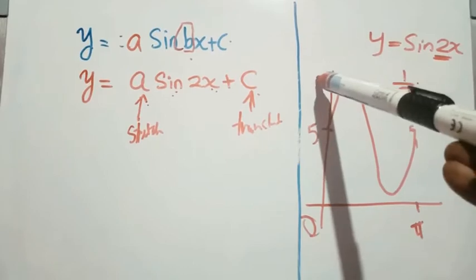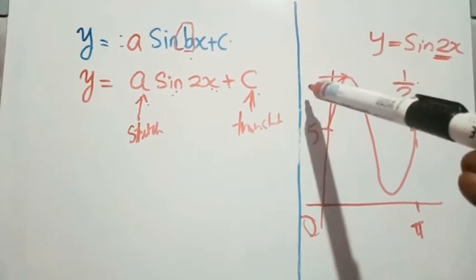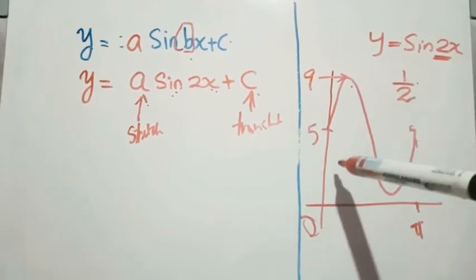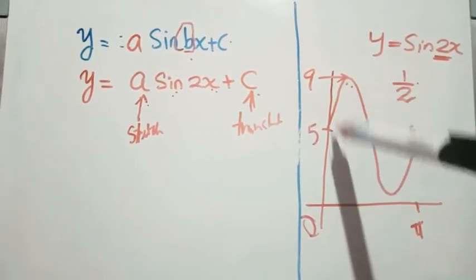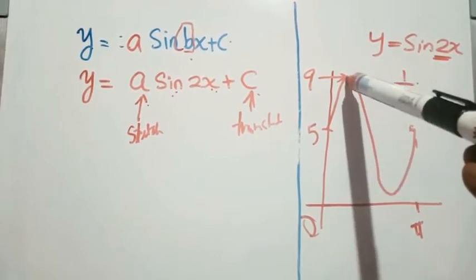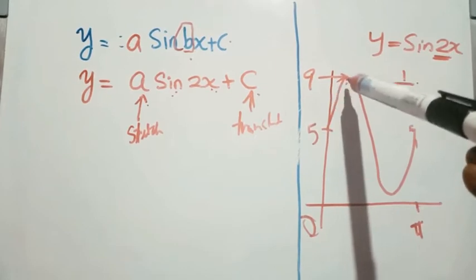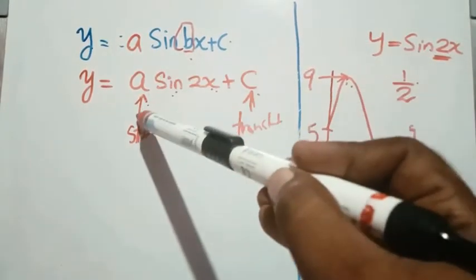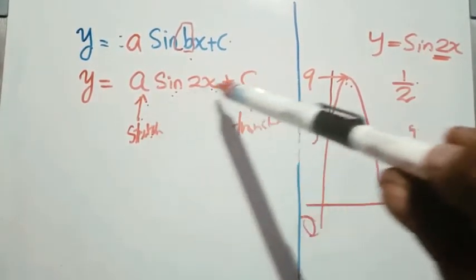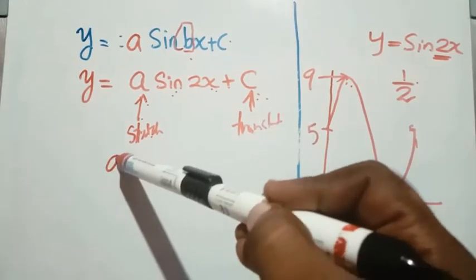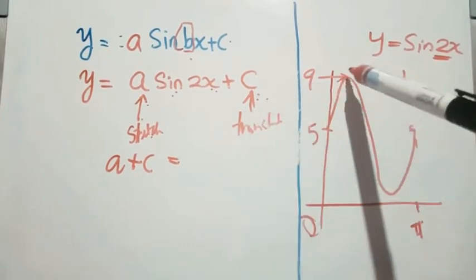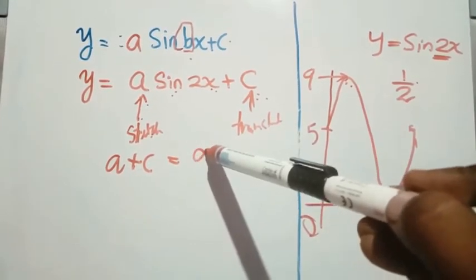So when you observe the graph, you can find this point as 9. Actually, this point was 1. The amplitude was 1. But now the maximum is changed to 9. That is because of the operations with stretch and translation. When the stretch and translation are added together, we get the maximum value as 9.